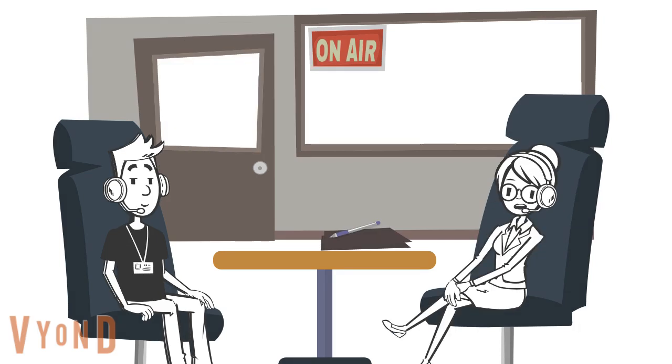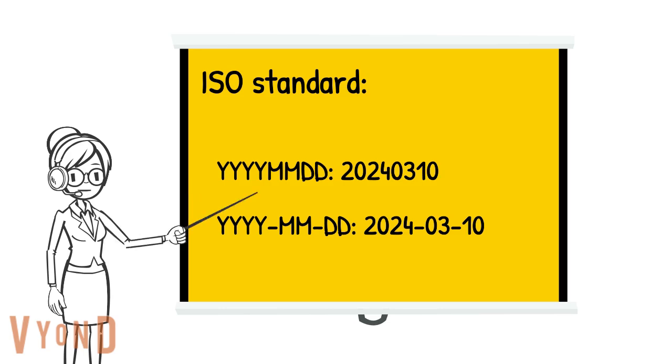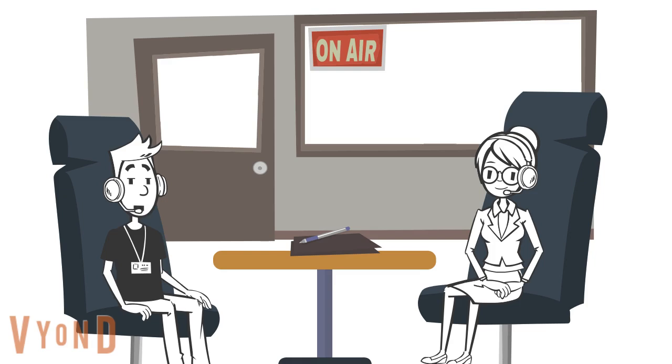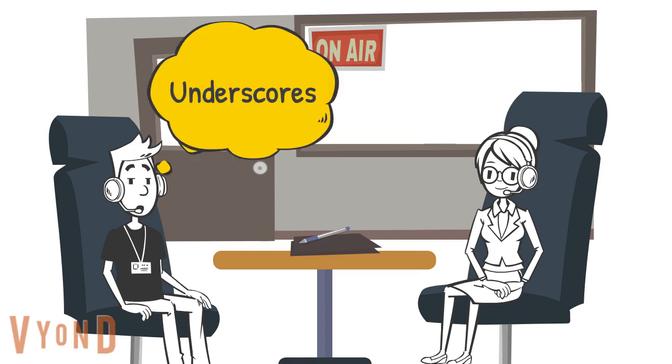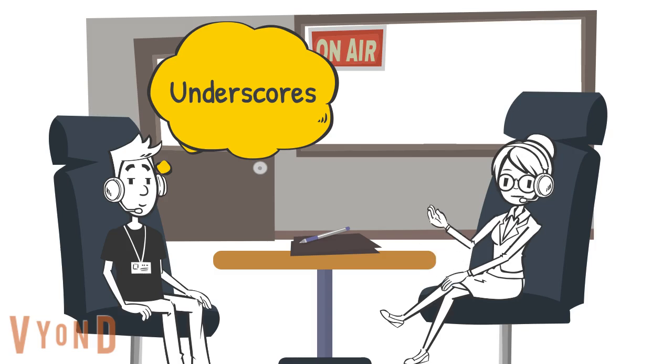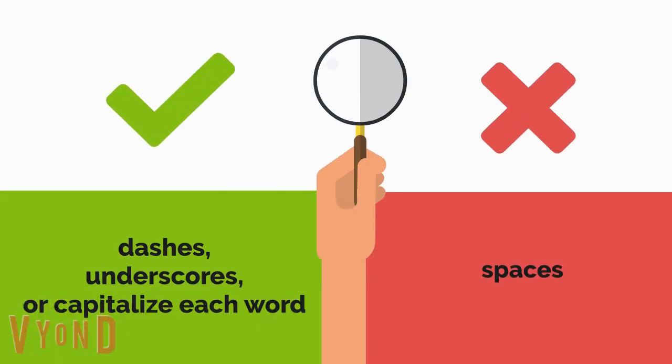That's brilliant, isn't it? It's the ISO standard for the date format using year, month, date, and it helps avoid confusion. No more wondering if 0310 means March 10th or October 3rd. Okay, but can you talk more about the underscores in the example? Yes, they're basically a way to separate logical elements in a file name. You should avoid spaces because not all computer systems can handle spaces in file names.